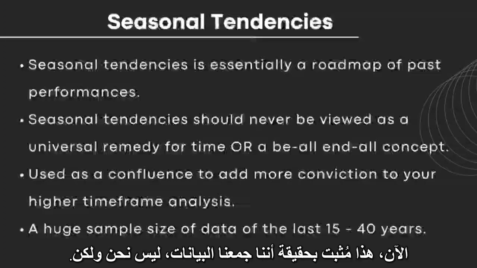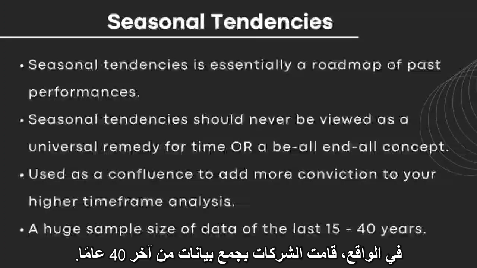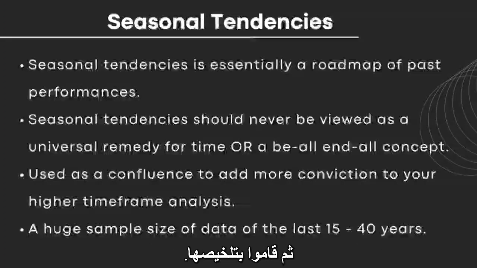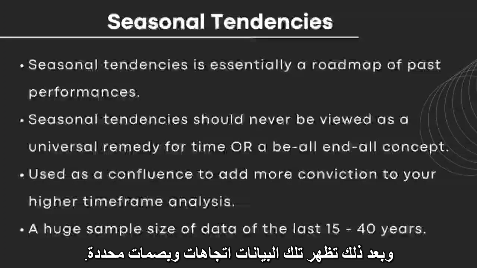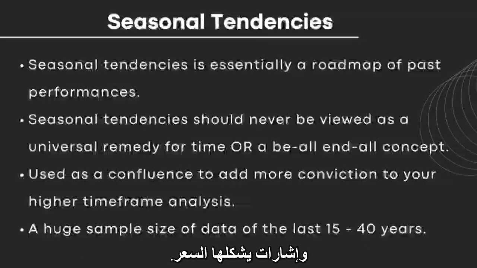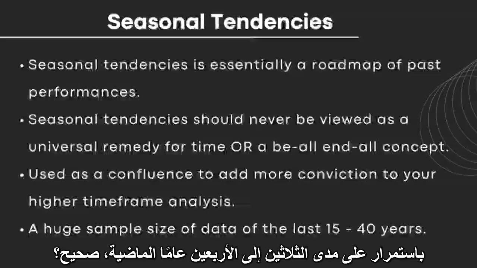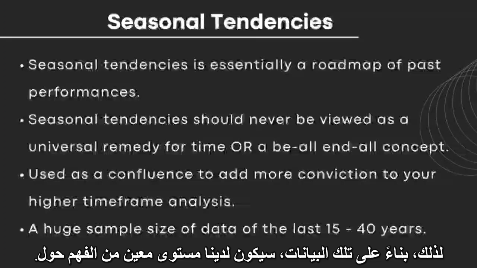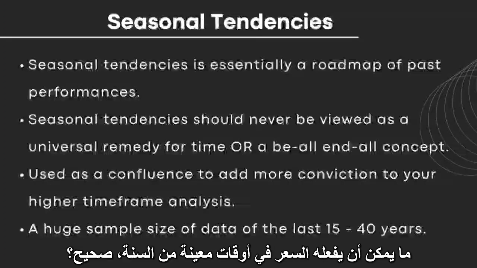That is proven by the fact that firms have collected data from the last 40 years, and then they've summarized it, and that data shows specific footprints and signals that price has formed consistently over the past 30 to 40 years, right? So based on that data, we would have some level of idea about what price could potentially do at certain times of the year, right?